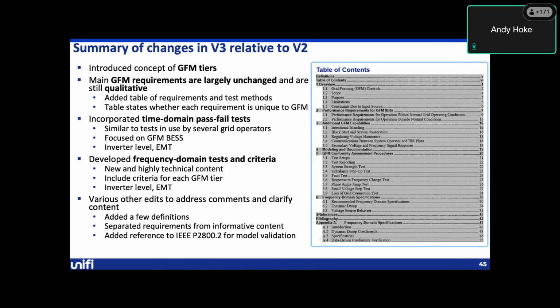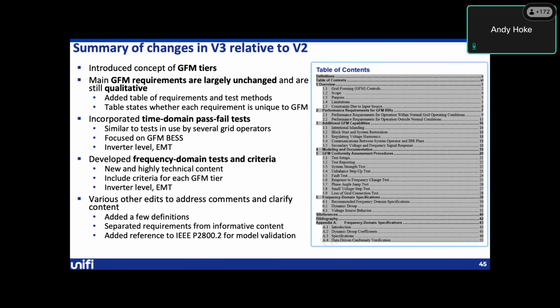But the 2 big things that we added were time domain pass-fail tests, meaning you take an EMT simulation of this grid forming IBR, or IBR that is supposedly grid forming, we're evaluating its grid forming capability, and you run it through a test. You subject it to a voltage phase angle jump and see how much active power it injects.